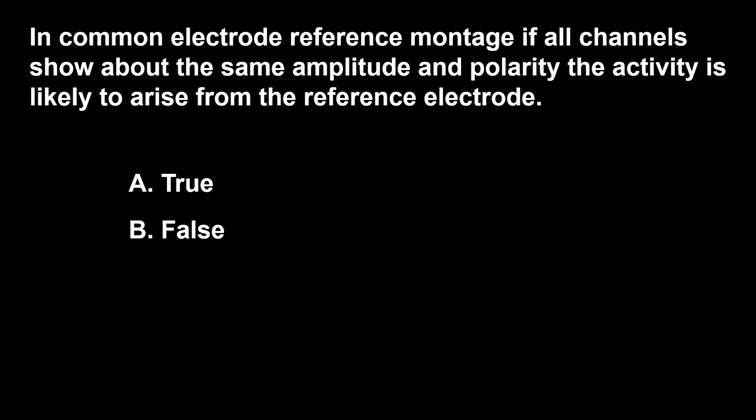Next question. In common electrode reference montage, if all channels show about the same amplitude and polarity, the activity is likely to arise from the reference electrode. A true, B false.